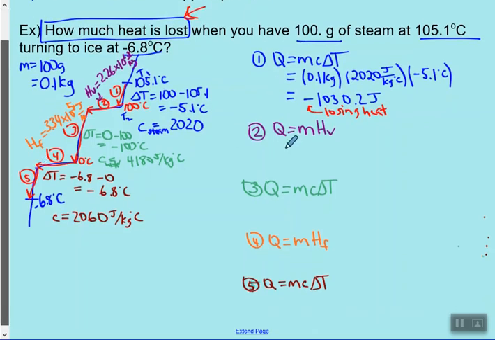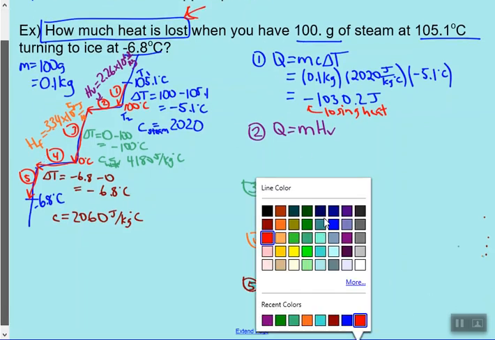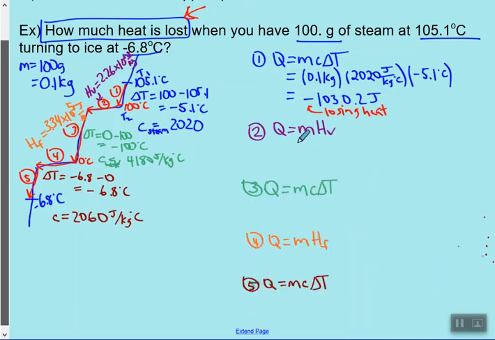Okay, so next step. So Q equals mHV. So Q equals my mass, which is 0.1 kilograms, multiplied by the heat of vaporization, which is 2.26 times 10 to the 6 joules per kilogram.